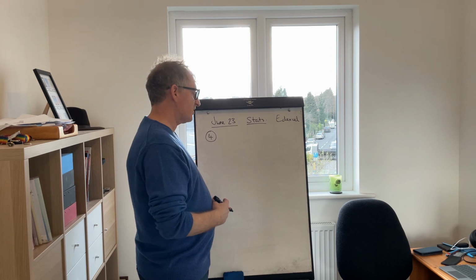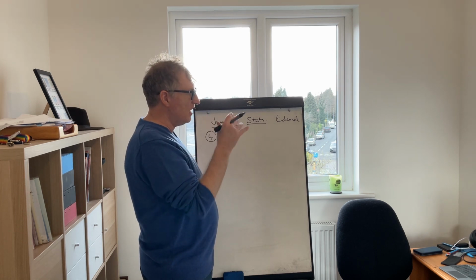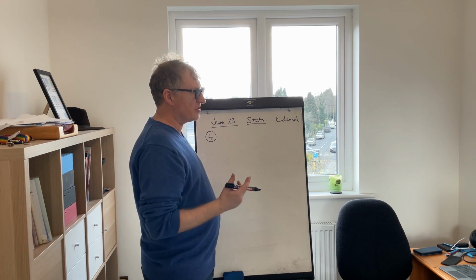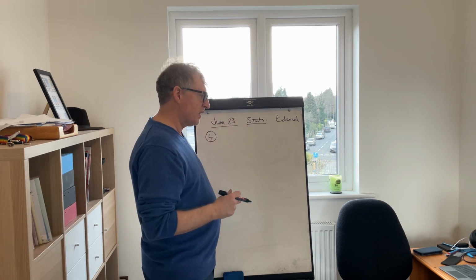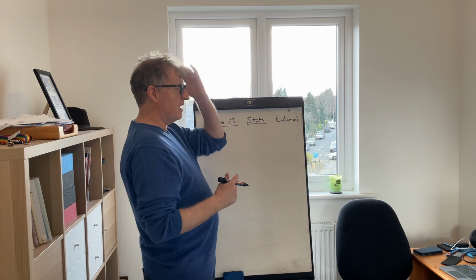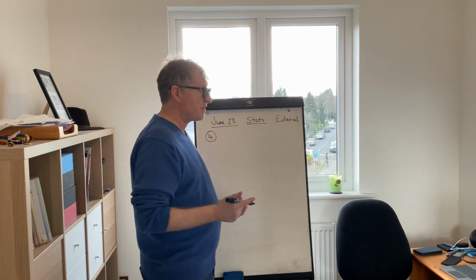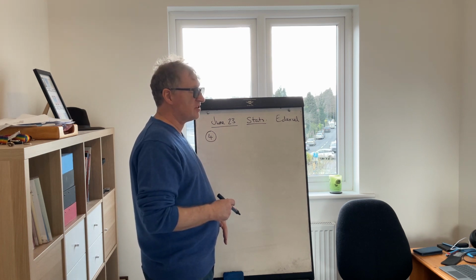So, the question goes, it was about heights of adult men in 2 regions of a country, region A and region B. And the first one, it says, it was found that the heights were normally distributed with a mean of 175.4 and standard deviation of 6.8.